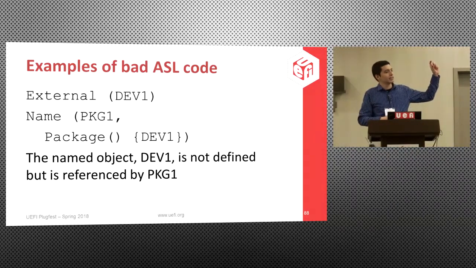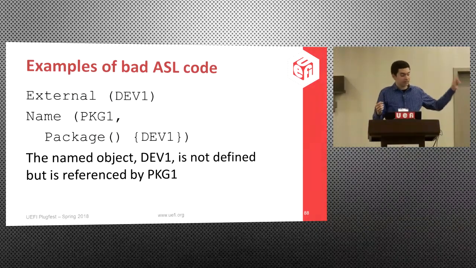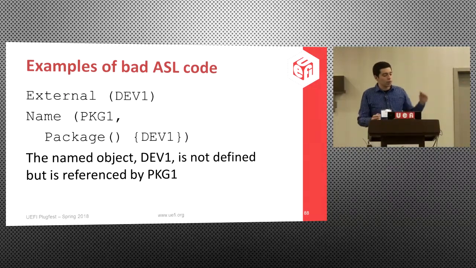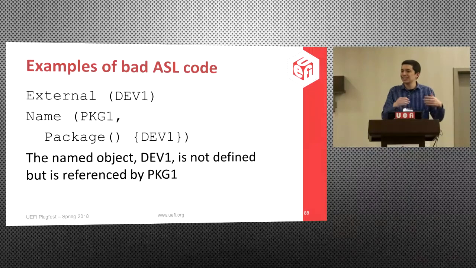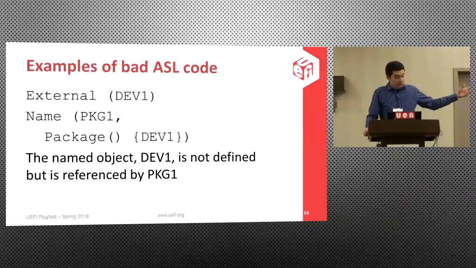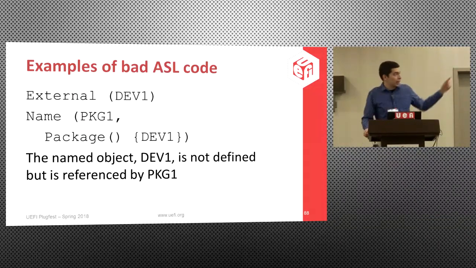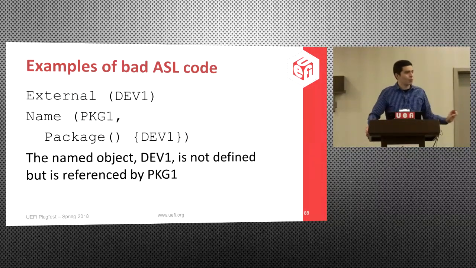This basically tells the iASL compiler or other compilers, trust us, this thing exists. Then we go on to define a package, which can be thought of as a C structure of sorts. We define a package and we reference dev1. And I've seen a good number of cases where dev1 is actually not defined in any of the tables.